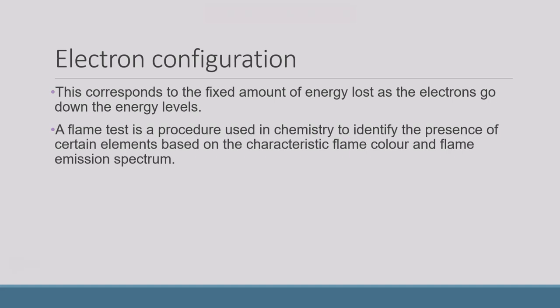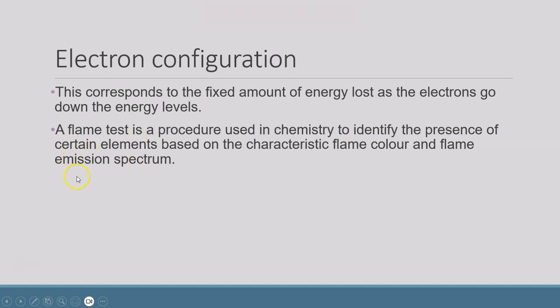Now in grade 9, you would have learned about flame tests. So, for example, when we burn copper in oxygen, it produces a greenish colored flame. Now, a flame test is a procedure that's used in chemistry to identify the presence of certain elements based on the flame color and the emission spectrum that's produced through this flame color.